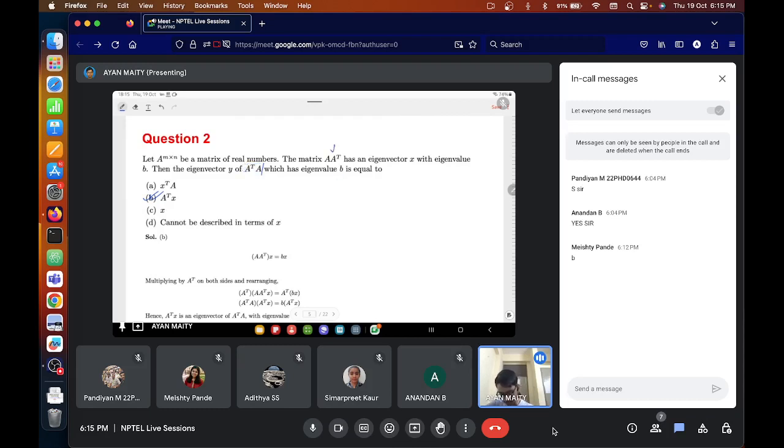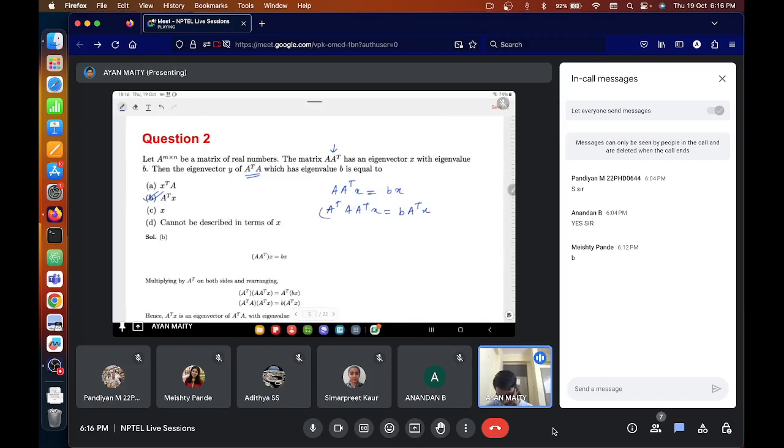So we can write the eigenvalue equation: A transpose x equals bx. This information is already given in the question. Now you have to find the eigenvector for A transpose A. For this you can multiply A transpose to both sides. So this becomes this.